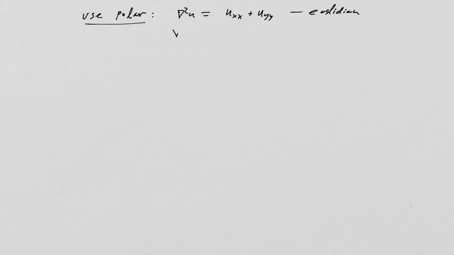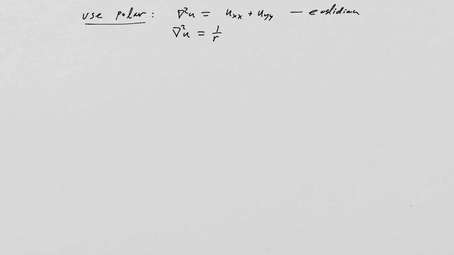We need to figure out, I said we're going to use polar coordinates. So what we have to do, of course, is take Laplace's equation as written before, which is in Euclidean coordinates, and switch to polar, for which we have a formula that we've derived in the past.